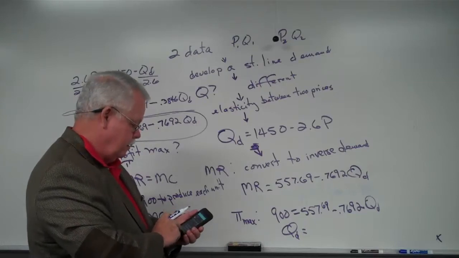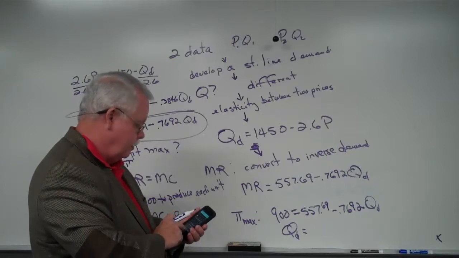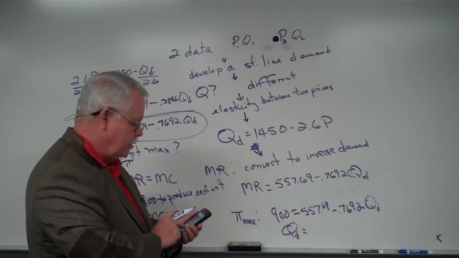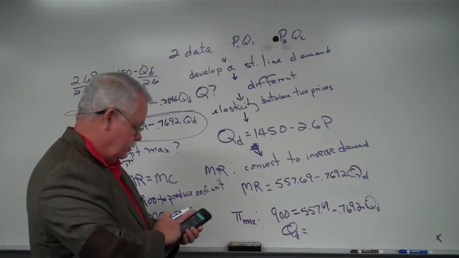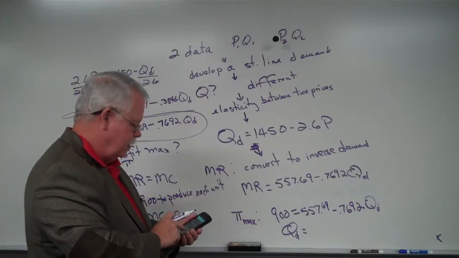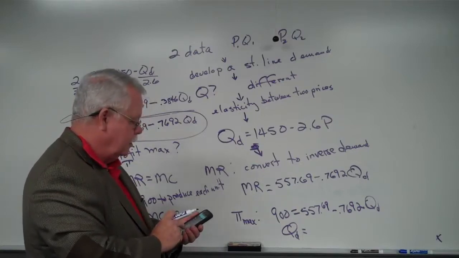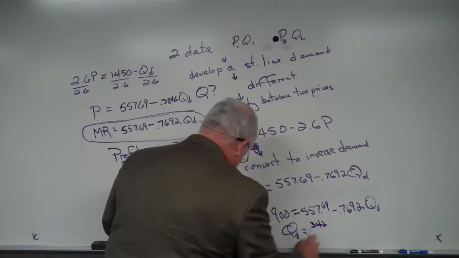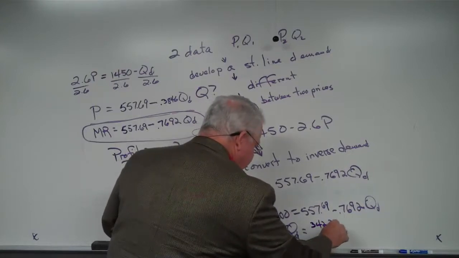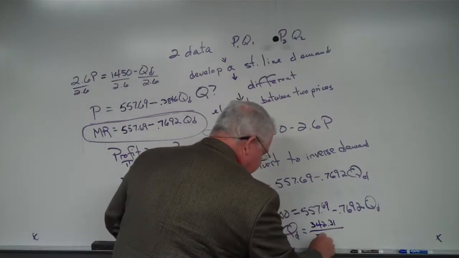$900 minus 557.69. Yeah. Try it again, Strickland. Is 342.31. And then you would divide by 0.7692.